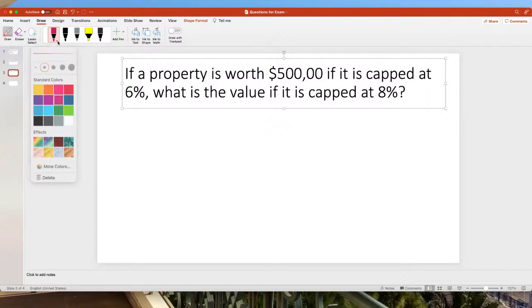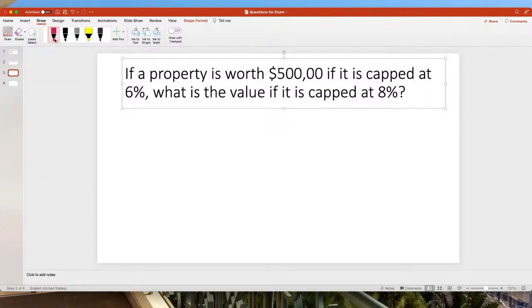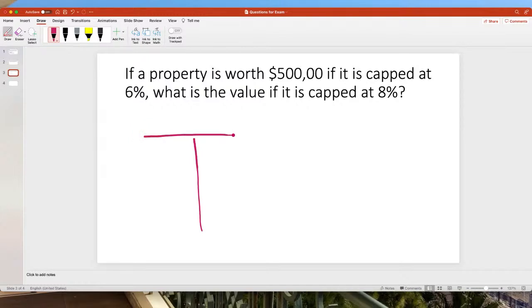I need to make this a little bit bigger because I was making some changes. So we have what I call a T problem. I learned this years ago, and many schools teach it. It has three different parts, 1, 2, 3. You will always be given two.